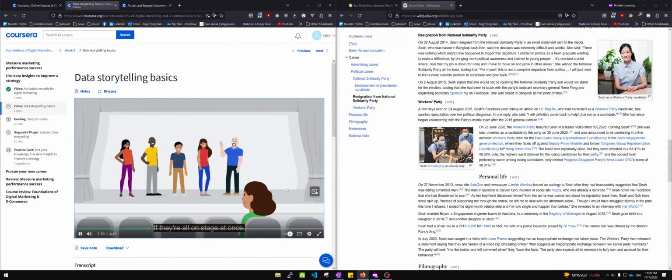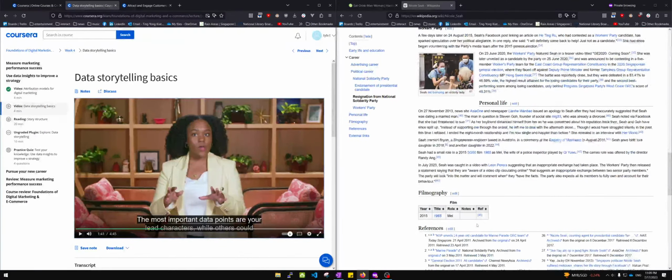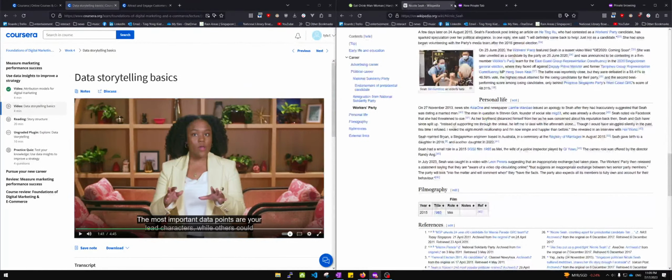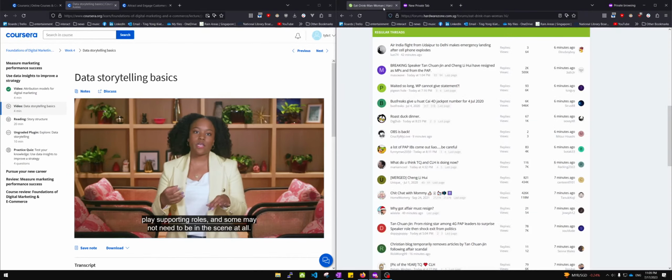If they're all on stage at once, it can be hard to know where to focus your attention. So, you need to be selective about which numbers you highlight. The most important data points are your lead characters, while others could play supporting roles, and some may not need to be in the scene at all.